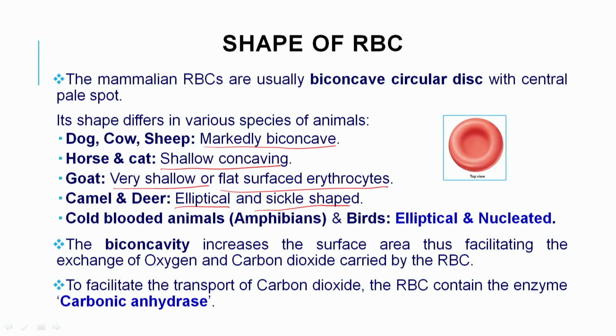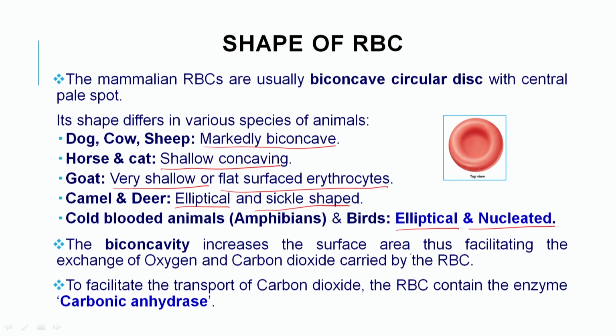Cold-blooded animals and birds have elliptical and nucleated RBCs. In mammals, you will not find nucleated RBC, whereas in birds and cold-blooded animals, you will find RBC having a nucleus.